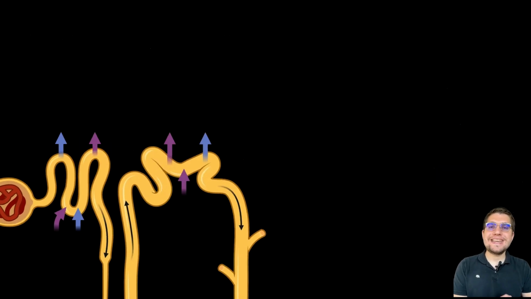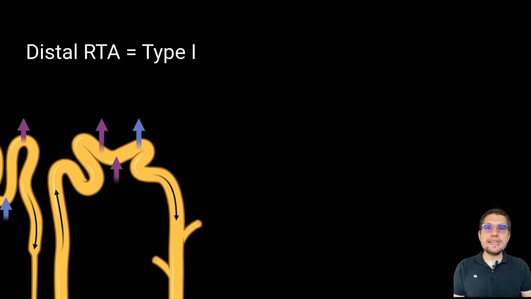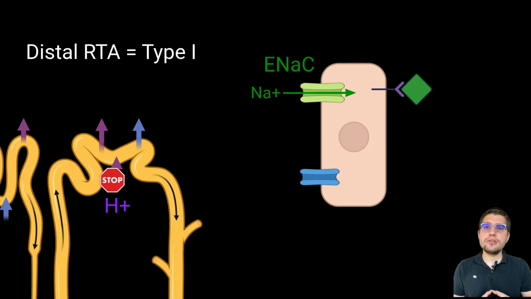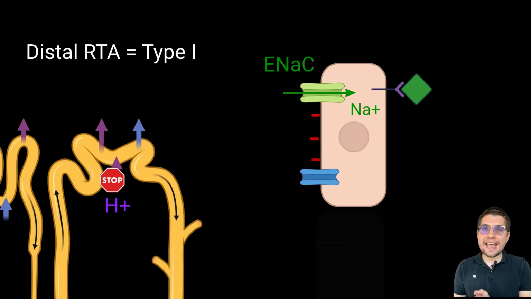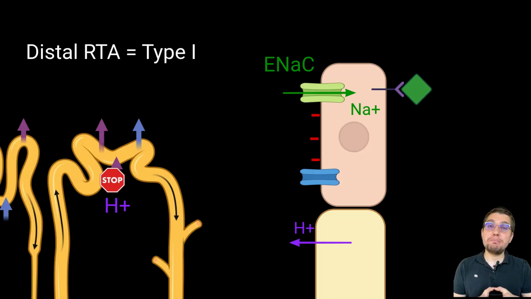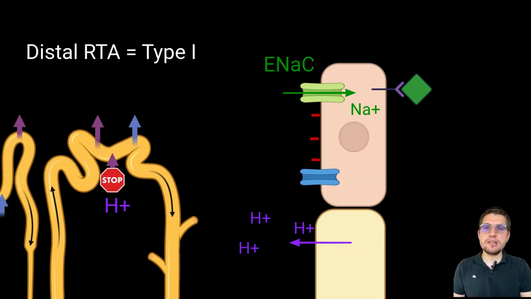In distal RTA, the kidneys fail to effectively acidify urine because of impaired hydrogen secretion in the distal nephron. Normally, sodium reabsorption by epithelial sodium channels in the principal cells generates a negative electrical potential in the tubular lumen. And this negative potential is balanced by secretion of hydrogen ions.